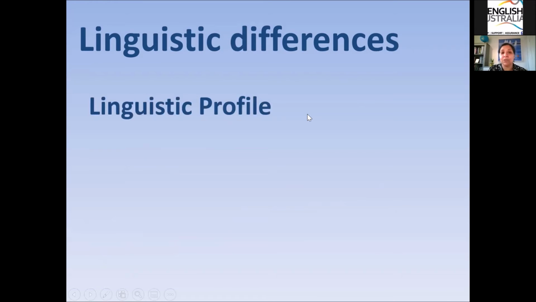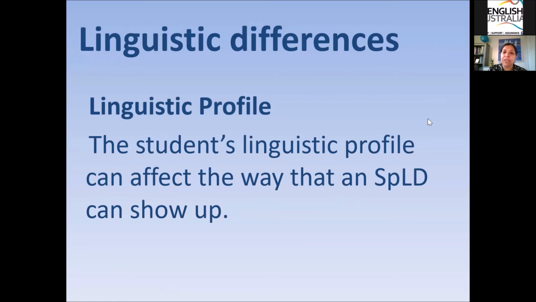So linguistic differences are really important to understand. Look at the student's linguistic profile, where they come from, and how that learning difference is going to show up in English. For example, if you've got a Chinese learner or an Arabic learner or an Indian learner of English, how is that going to show up?